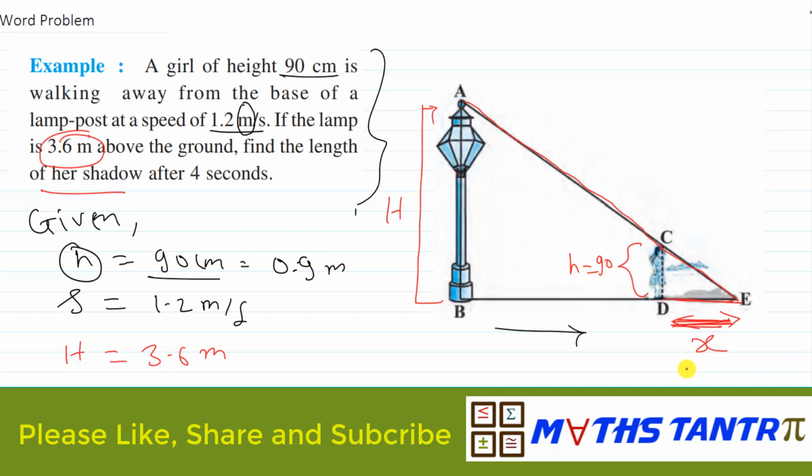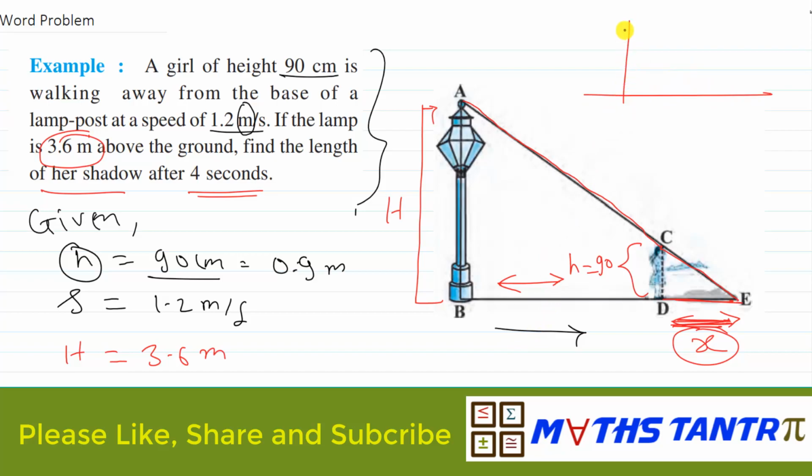Let's suppose this length is X. That is the length of the shadow. If I find this X, I'll get the length of the shadow of that girl after 4 seconds, because the shadow will depend on how far away from the lamppost she is standing.